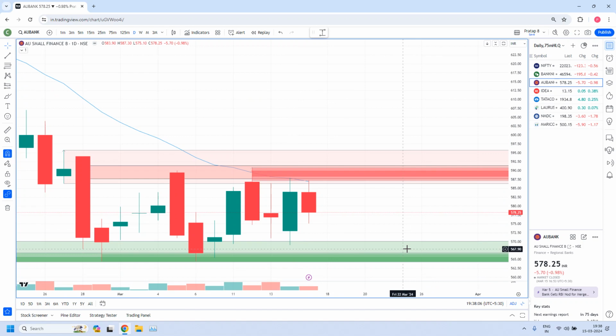I already told you, the maximum acceptable risk for your one futures lot cannot exceed 2%. If you would have planned a cash trade by using the concept of position sizing, maybe you would have taken a trade. You would not have got this much ROI, but you would have definitely got the profit today because your risk would have been managed.